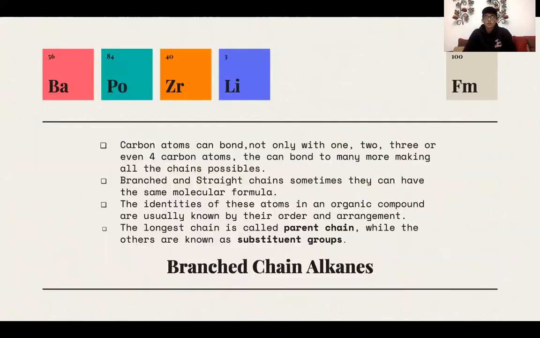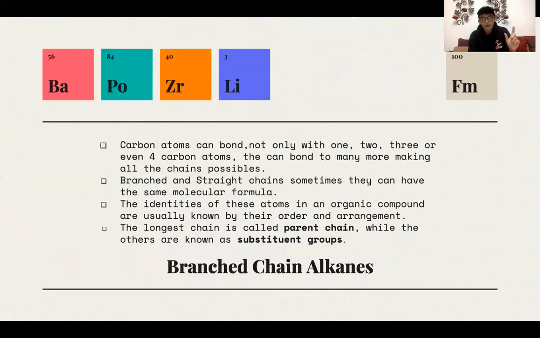Now we're going to see another type of chain, branched chain alkanes. These are based on the idea that the longest chain of carbons is called the parent chain, while the others are known as substituent groups. We also know that carbon atoms can bond not only with 1, 2, 3, or 4 carbon atoms, they can bond with many more, making all of the chains possible.